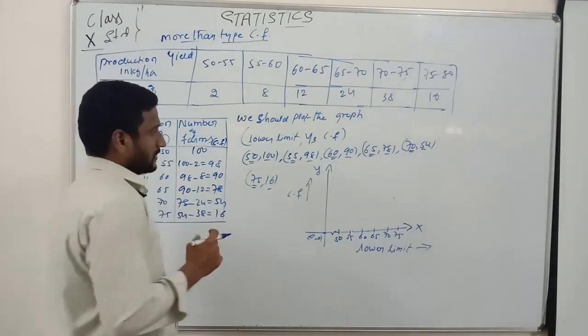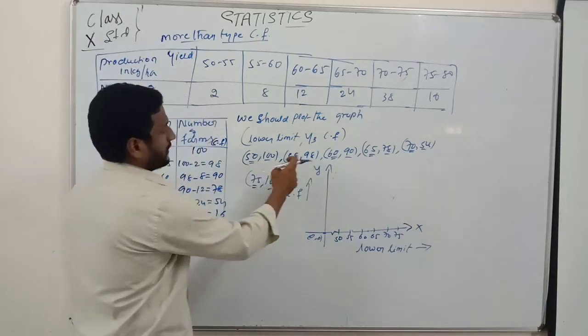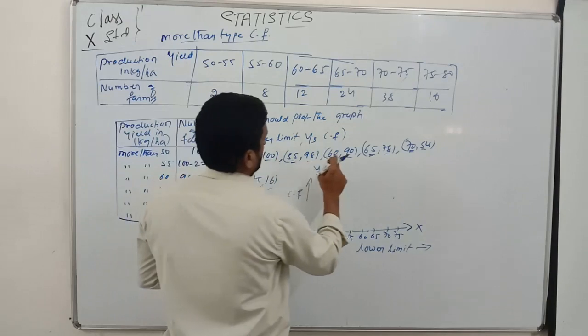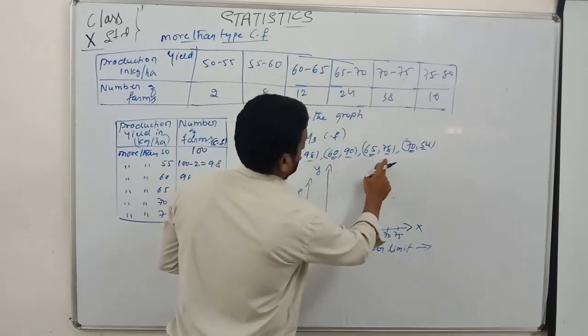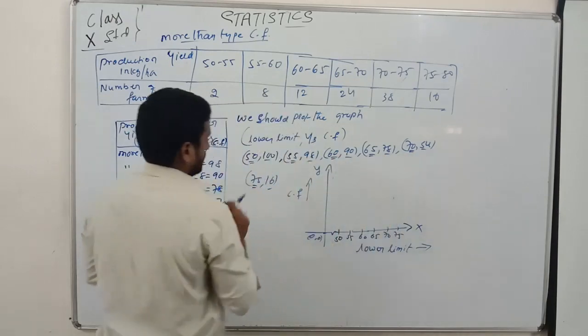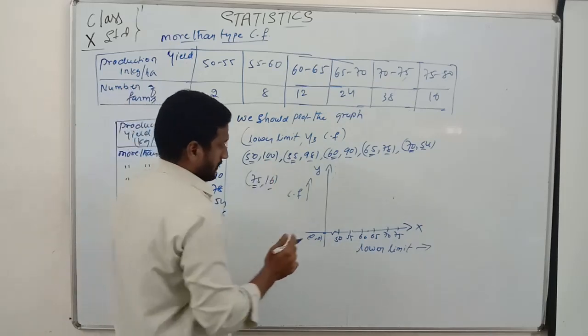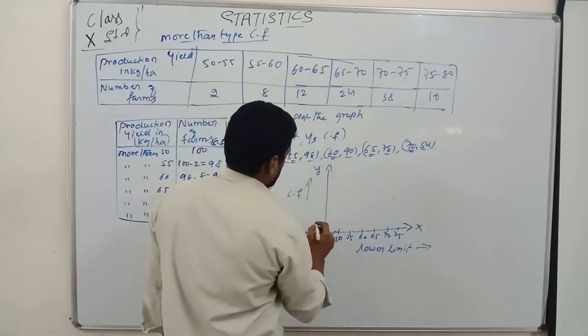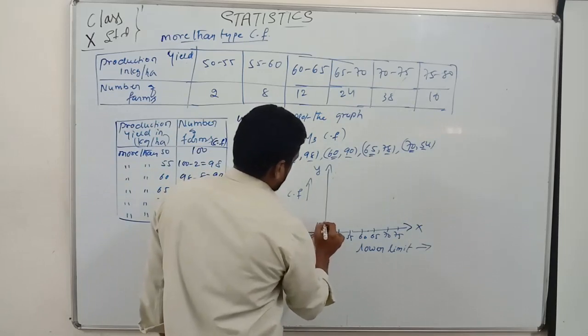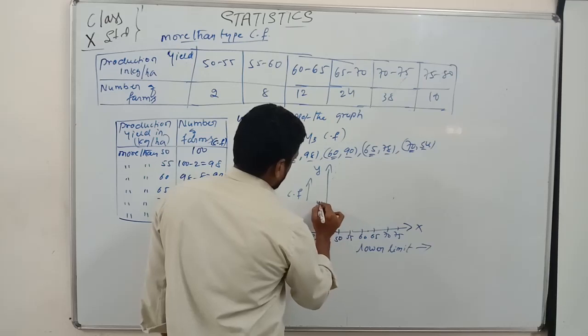Now the y-axis, cumulative frequency: 100, 98, 90, 78, 54, 16. The minimum is 16 and the maximum is 100.